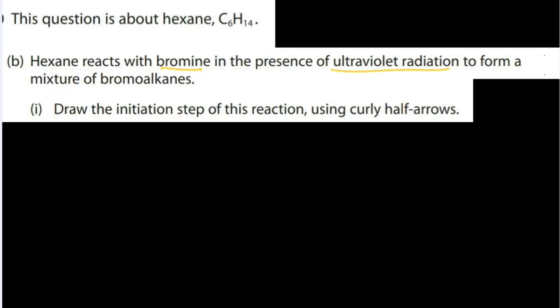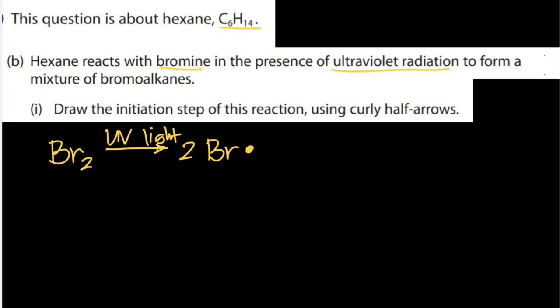So in the initiation step of the free radical substitution between hexane C6H14 and bromine Br2, under UV light, the bromine molecule splits homolytically into 2 bromine radicals. So we have bromine, it splits to 2 bromine radicals. So it's under UV light.